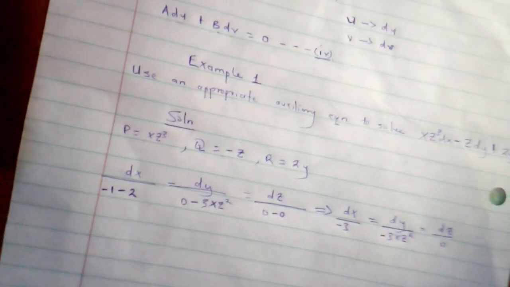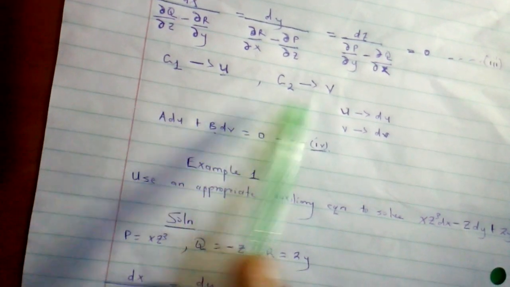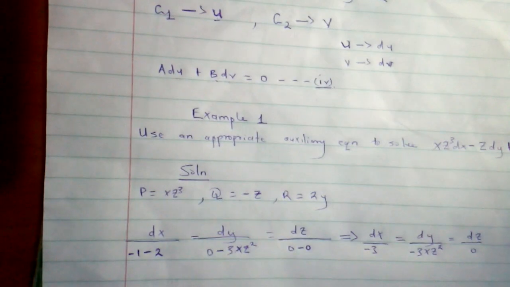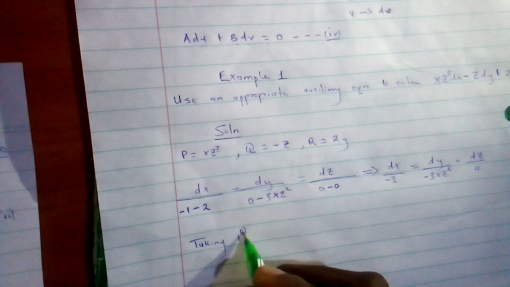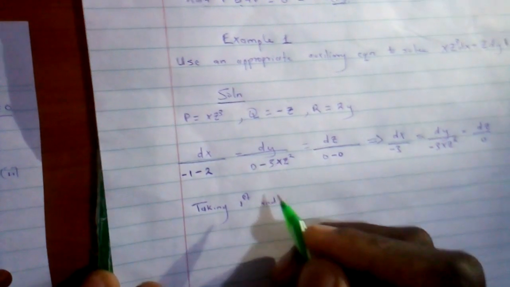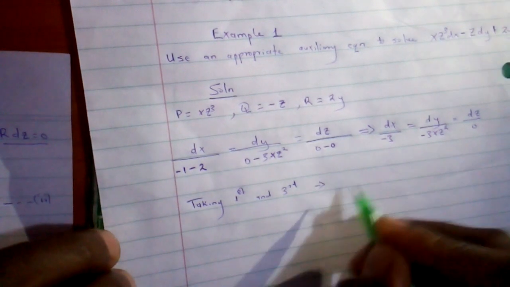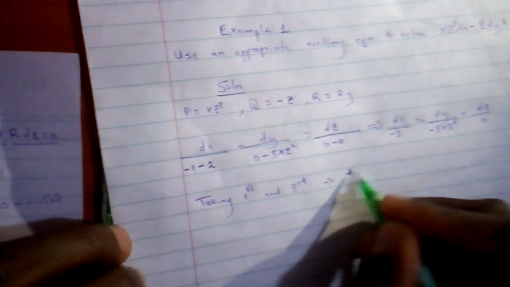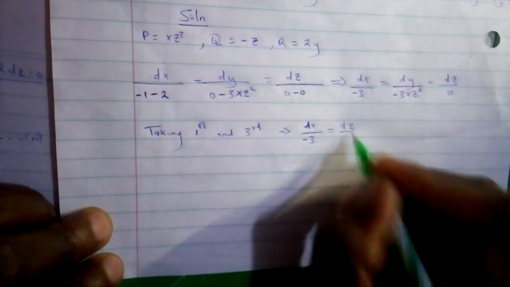So we want to solve for our C1 and C2. How are we going to solve? Let us take our first and third, that is dx all over negative 3 is equal to dz all over 0.